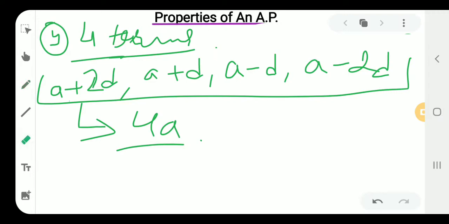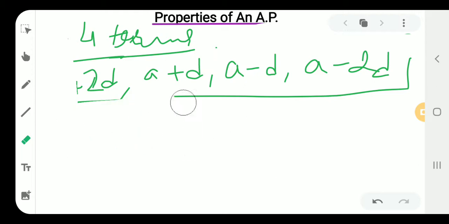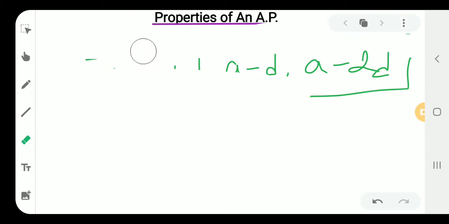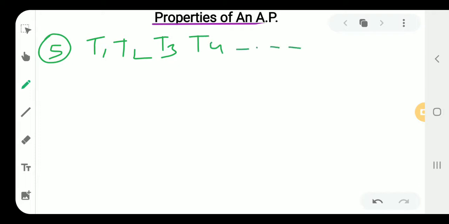Now we will go to the next property. Let T1, T2, T3, T4 till Tn be in AP.